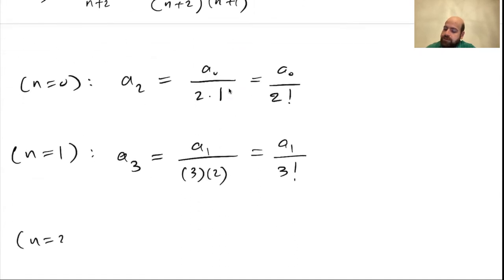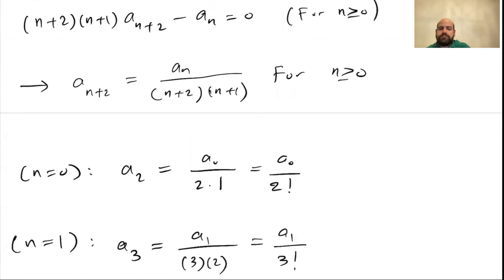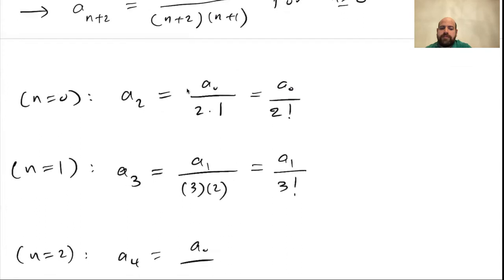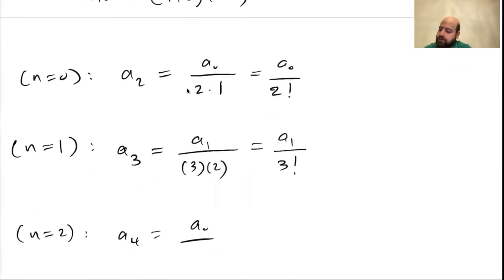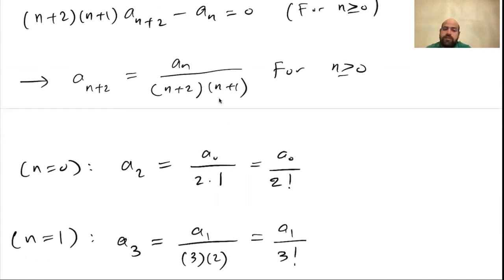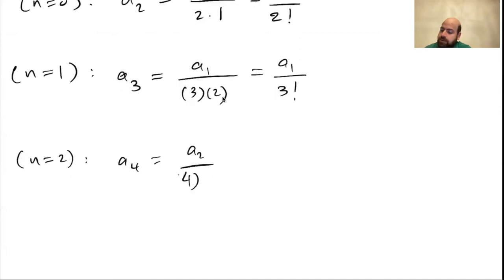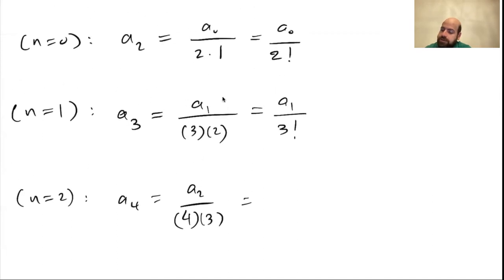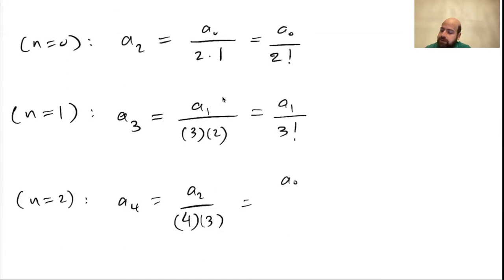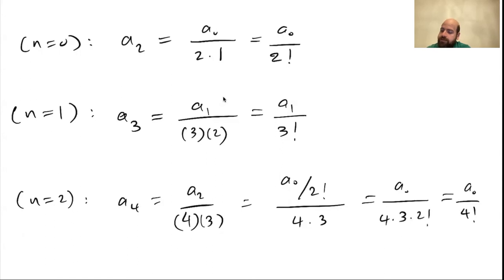If I replace n with 2, I'll get a4 equals a2 divided by 4 times 3. But what was a2? a2 was a0 over 2 factorial. So a0 over 2 factorial divided by 4 times 3. That will be a0 over 4 times 3 times 2 factorial. And that's a0 over 4 factorial.